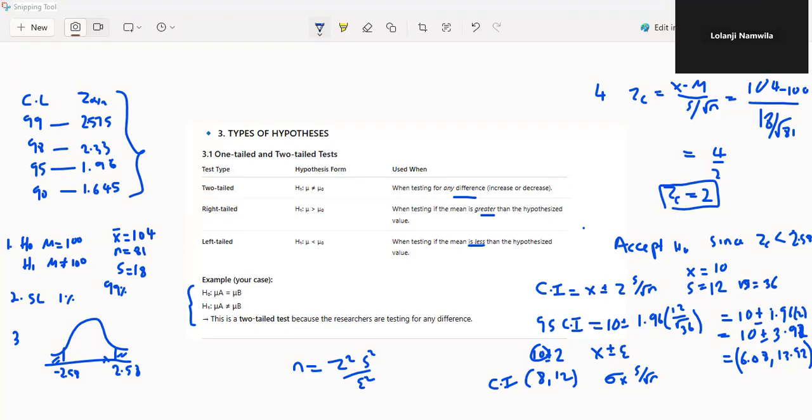Okay, all right. So I want to understand why we subtracted.